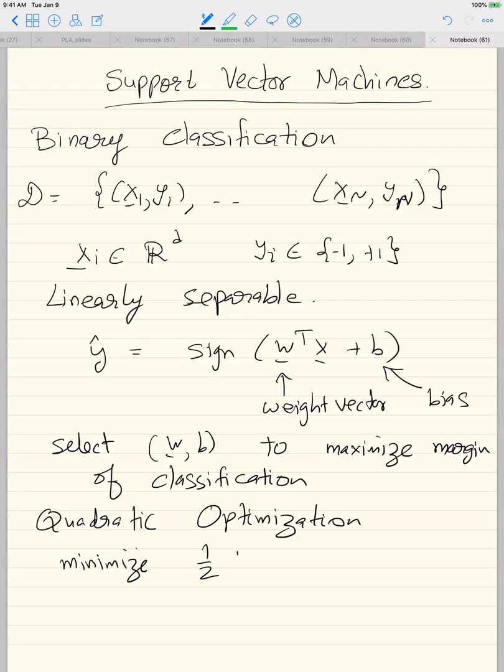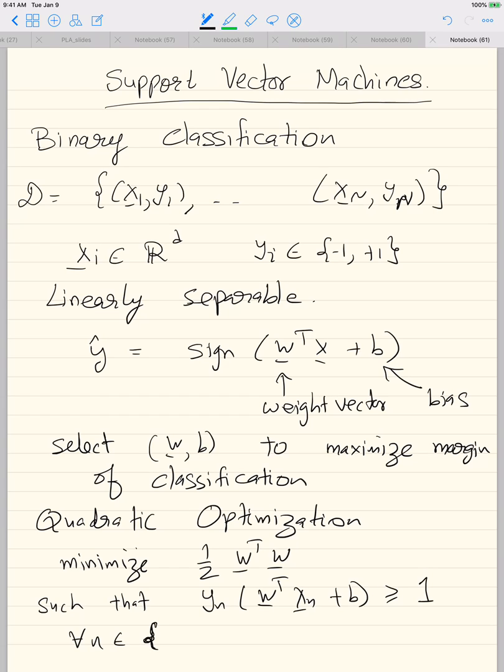We minimize this quantity such that yn (w transpose xn plus b) is greater than or equal to 1 for all n in the set 1 to capital N. Okay, so this was the problem that we would like to solve with respect to w and b, and the solution for this problem will lead us to the support vector machine, which not only perfectly separates our data set but finds the decision boundary with the maximum classification margin.